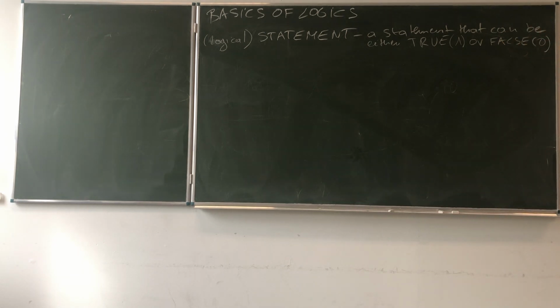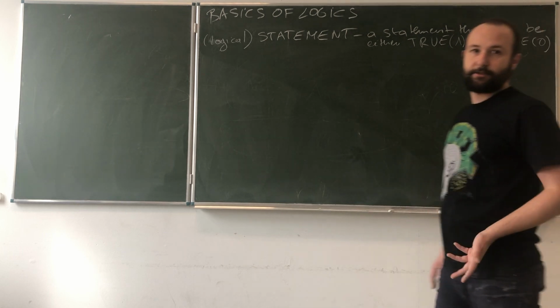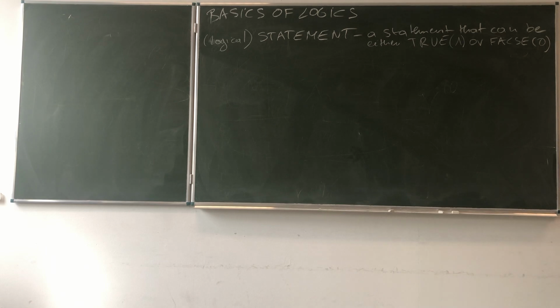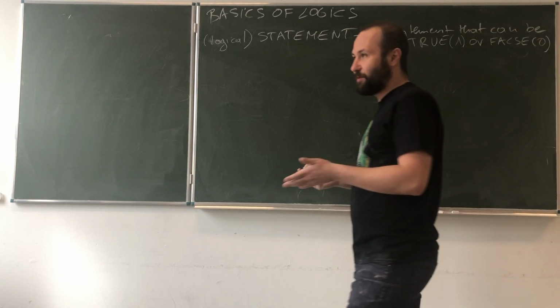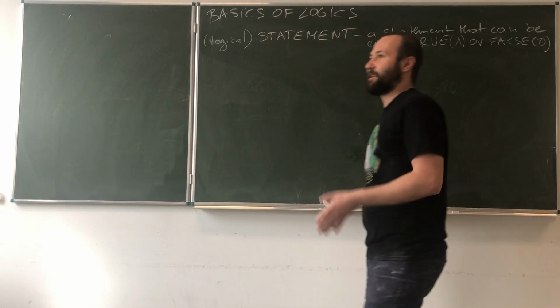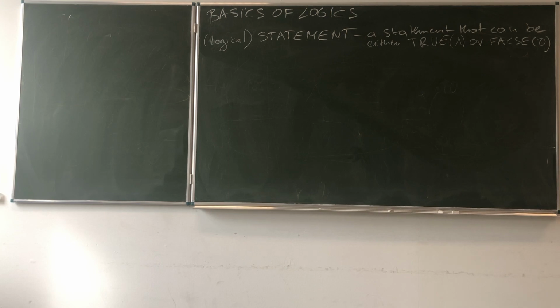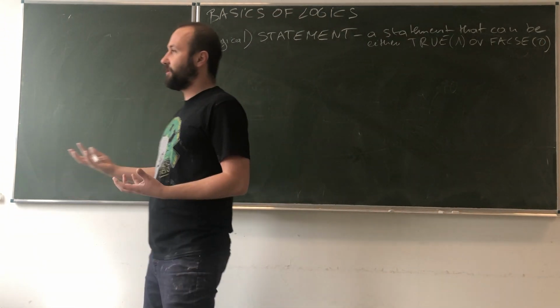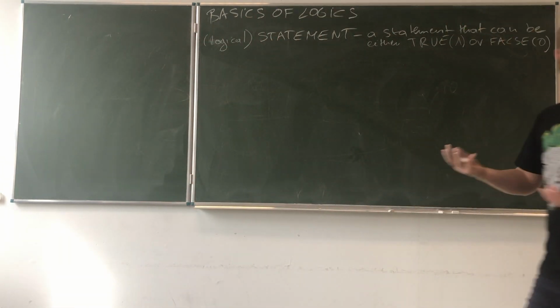Now, something a little bit more controversial. God exists. Well, probably different people would assign different value to it. Probably believers would assign, based on their belief, value 1, while atheists would say that this is a false statement, and the logical value would be 0.